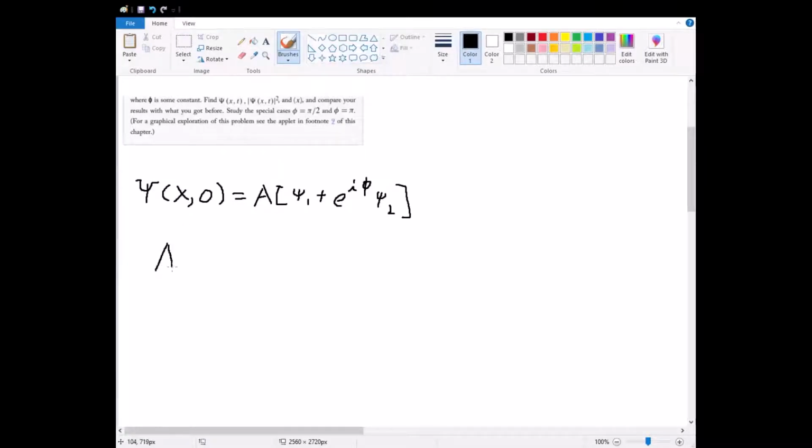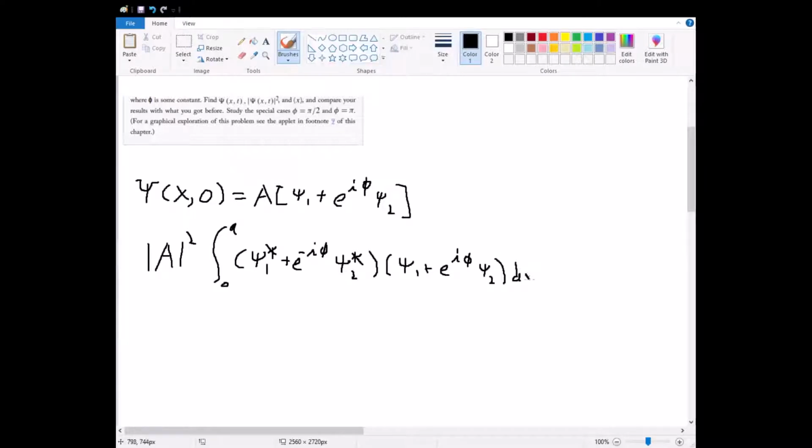So the magnitude of a squared times the integral from 0 to a, because we're in a square well still, of psi 1 star plus e to the negative i phi times psi 2 star, multiplied by psi 1 plus e to the positive i phi psi 2, dx, must necessarily equal 1 due to normalization.